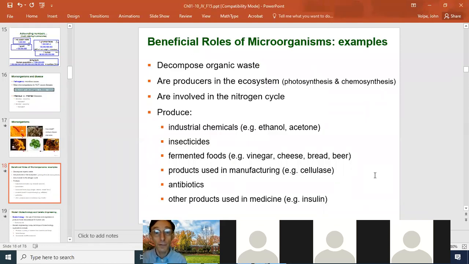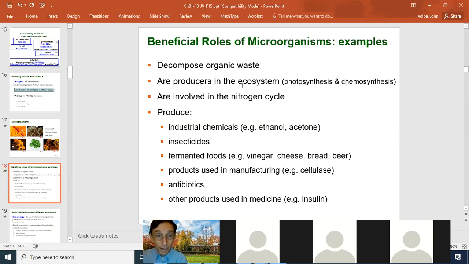Microorganisms play beneficial roles for us and in the environment, meaning for the planet Earth. We talked about them, that microorganisms are important in decomposing organic waste. When a tree dies in the forest, it's generally the microbes that'll decompose it. It is true there are some fungi, like mushrooms, which are not microorganisms, and they can also decompose decaying organisms, but most of it is done by microbes.